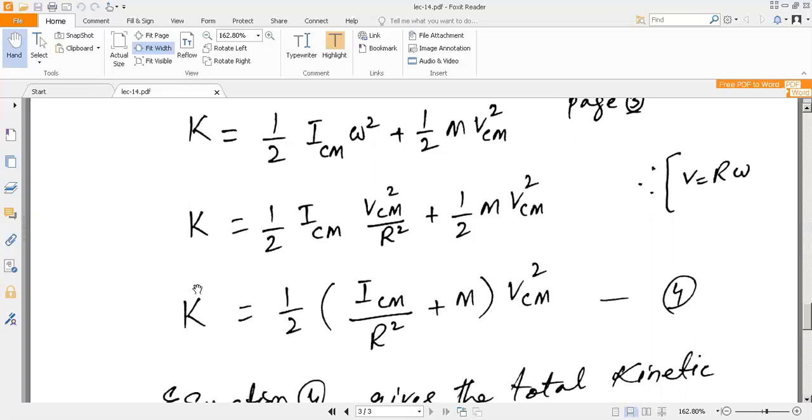Here equation number 4 is representing the kinetic energy of the rotating object when the axis of rotation does not pass through the center of mass.